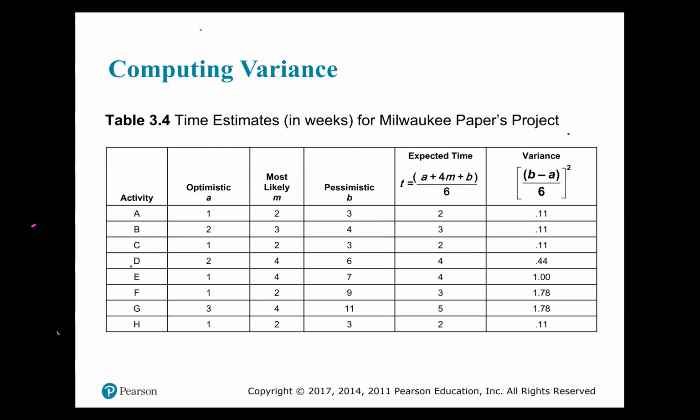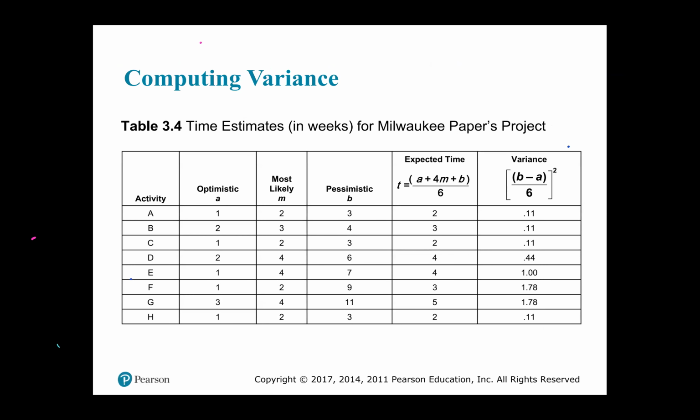Now the question is, how do I find the variance of the activity? That's when you look at the last column that says variance. The variance of the activity is simply found by taking the pessimistic value, which is the B of the activity, subtracting the optimistic value, that's A, and dividing by 6 and then squaring everything, right?